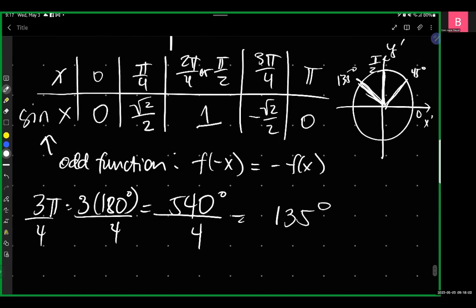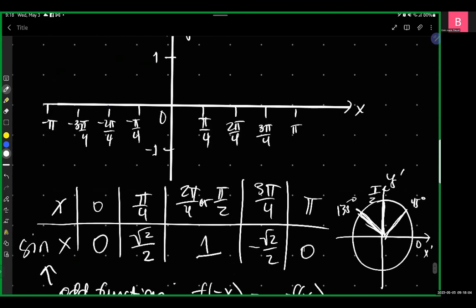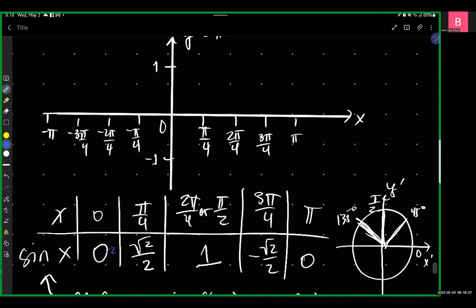We wrote that just so you could see. So when we're plotting this, let's start with the right side. When x equals 0, sine of x equals 0.